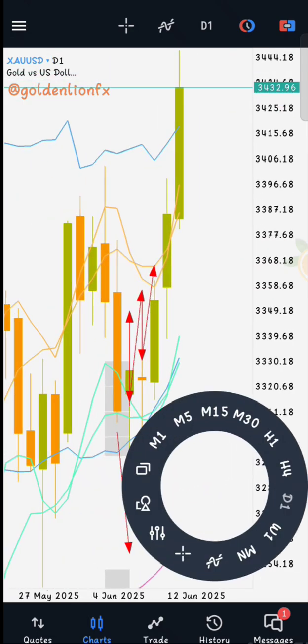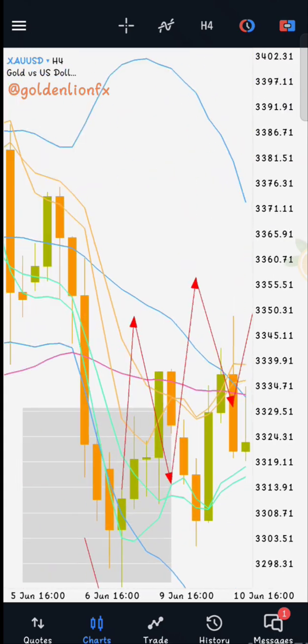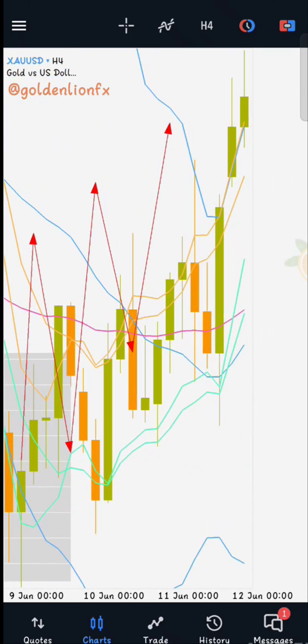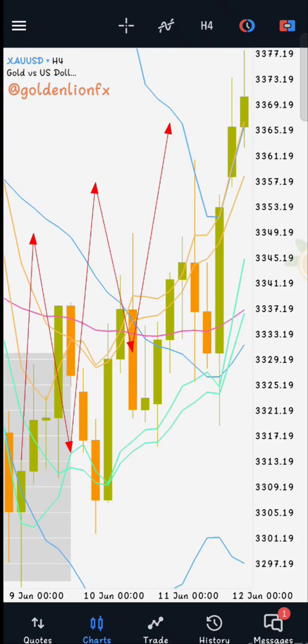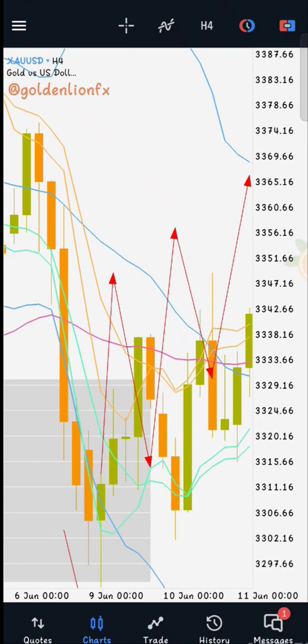So this is what we used to analyze the markets for the previous week, and this is how it turned out. It is very clear that BBMA is always two steps ahead of the market. You can even go up to three steps depending on your experience with it, right?